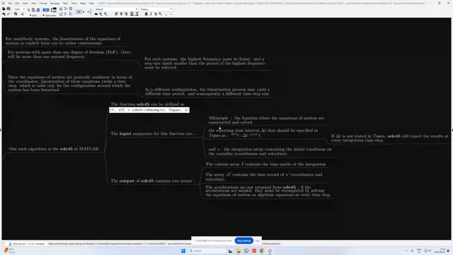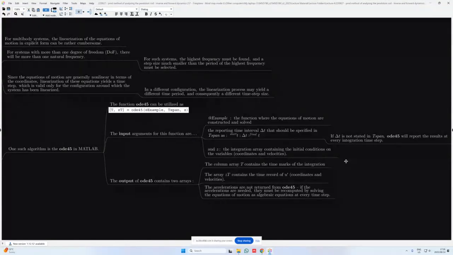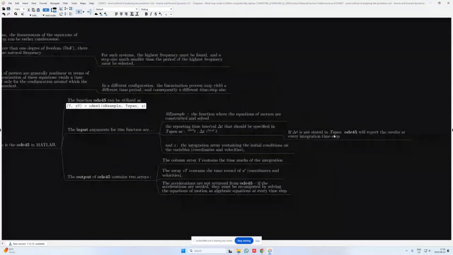We also have the reporting time interval delta t, which should be specified in t span as the starting time, the time interval, and the final time. And then Z is the integration array containing the initial conditions on the variables, so the coordinates and the velocities. If delta t is not stated in t span, ODE45 will report the results at every integration time step.